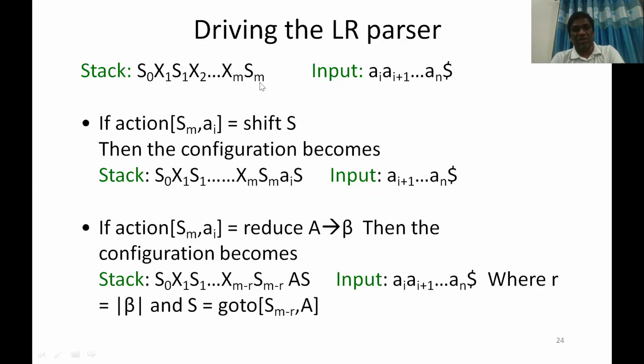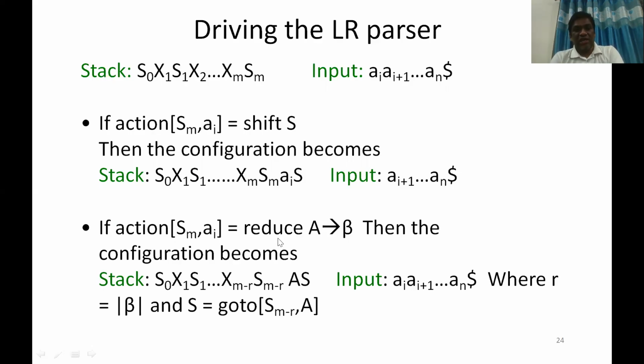So this is the combination SM, AI. If the action of SM comma AI is shift S in the table, then the changes will be done like this. Shift S means shift the symbol AI onto the stack and also the corresponding state S. AI followed by S will be added to the stack. And the input is reduced: AI is removed and the remaining input will be there.